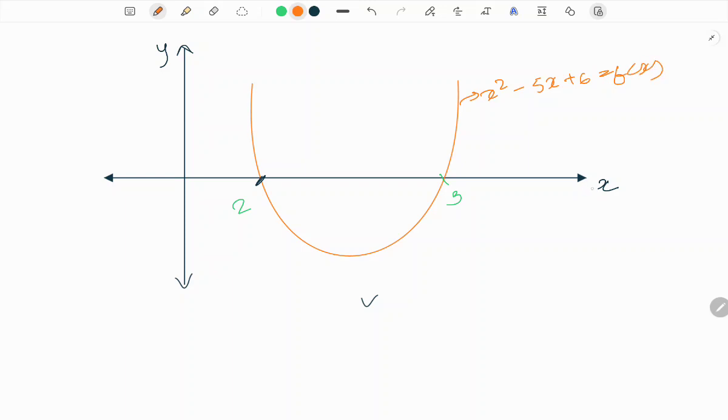At these points our equation becomes equal to 0, at 2 and 3. These points are the roots, and as they are positive, I had drawn the y-axis over here, which was completely wrong, so I corrected it.